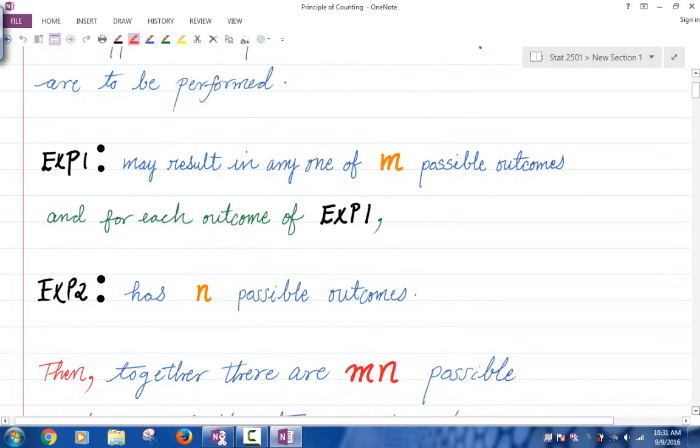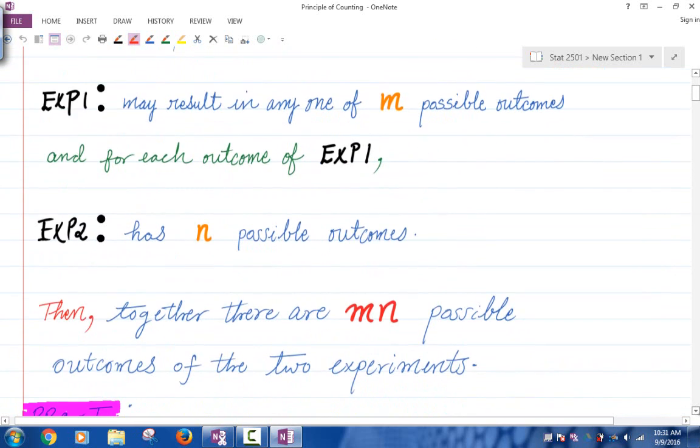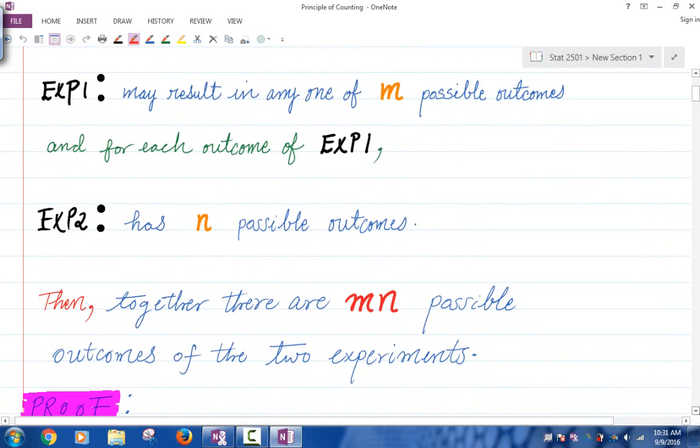Well, the total number of outcomes for the two experiments is m times n. Is that making sense? Experiment 1 results in m possible outcomes, and for each outcome of experiment 1, experiment 2 has n possible outcomes. So together there are mn possible outcomes of the two experiments. Well, how do you prove this? Well, pretty simple.